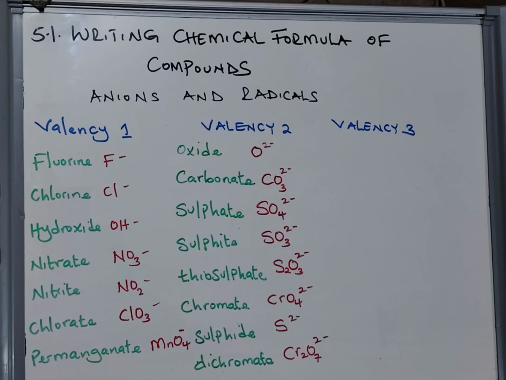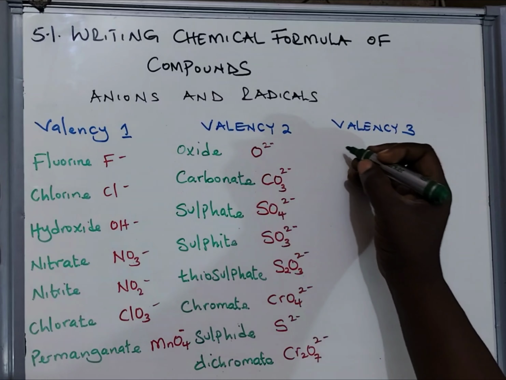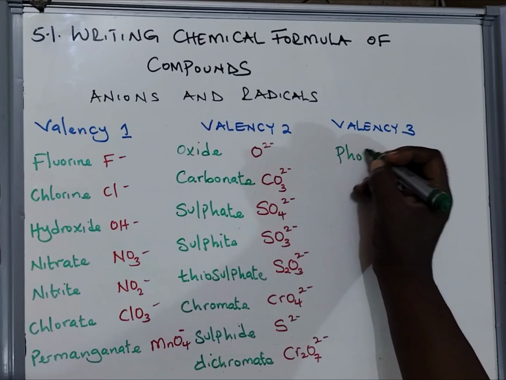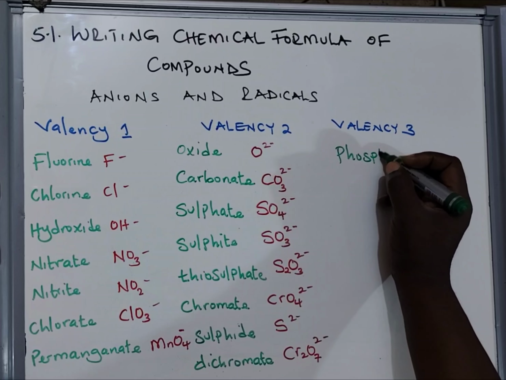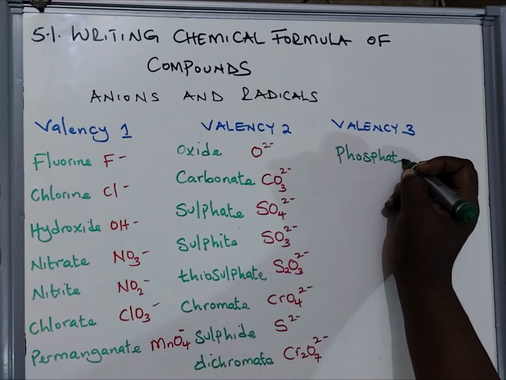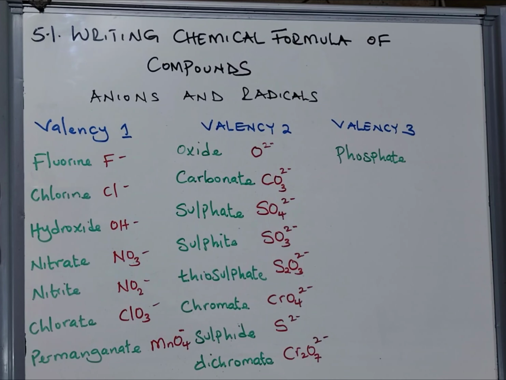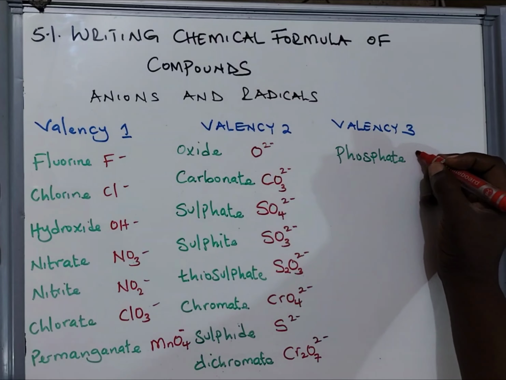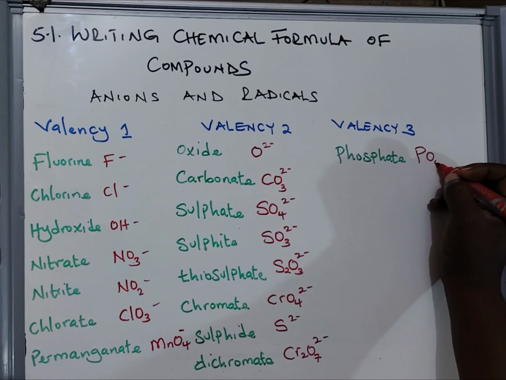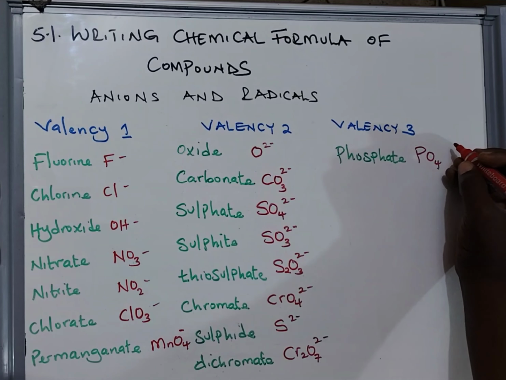Now, those with valence 3, we have phosphate, which is represented as PO4. So if it's valence 3, it's going to be 3 minus.